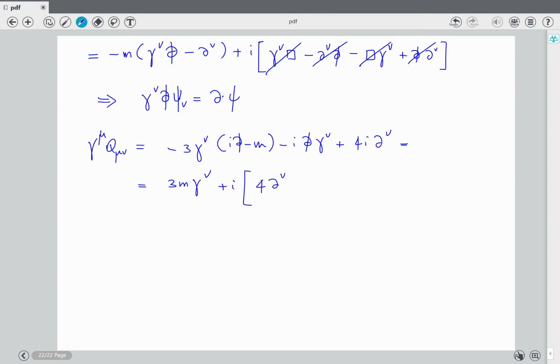Then there is minus 3γ^ν∂̸ minus ∂̸γ^ν. That is equal to 3mγ^ν plus i4∂^ν.